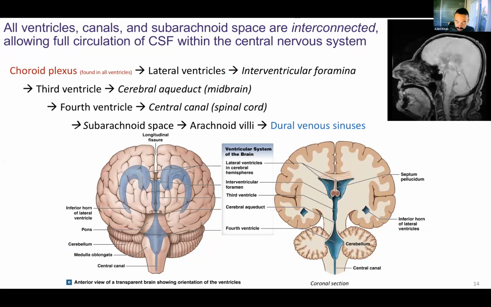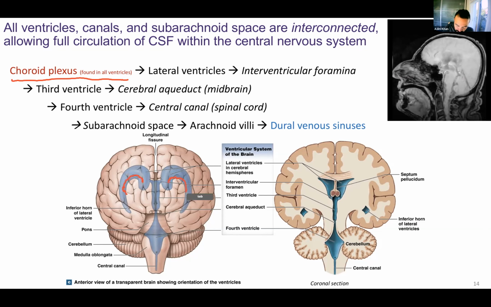Putting all that together, here's that frontal coronal section that I was drawing earlier. We can see complete flow of cerebrospinal fluid through our brain and spinal cord, through our central nervous system. If we draw choroid plexus, it's found in all ventricles, but just for the sake of simplicity, let's draw some choroid plexus in the lateral ventricles.